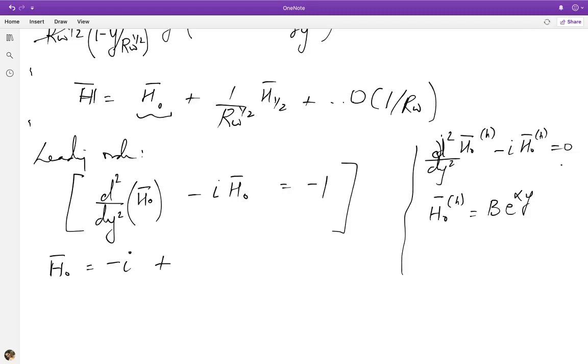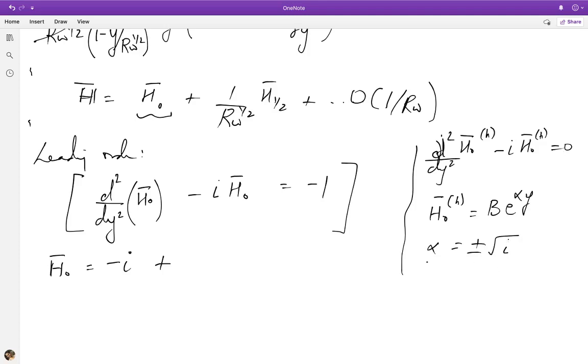This is the homogeneous solution. I already got the particular solution here as minus i, which took care of this minus 1. So if I substitute this in here, and after some algebra, you will see I'll get a quadratic equation for alpha. And what I will find is that alpha is equal to plus minus root i. I leave that as an exercise for you.